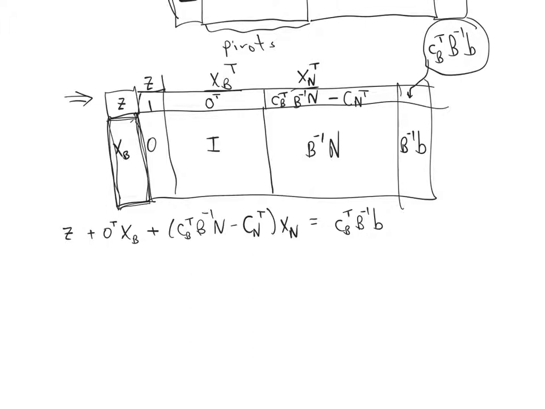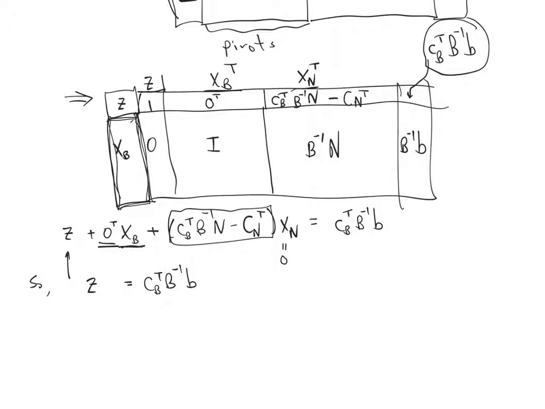So the exciting thing here is we've pivoted, we've multiplied the basic variables by 0, and this mess will matter later, but for right now we're setting all the non-basic variables to 0. So the equation says simply that Z equals CB transpose B inverse b.